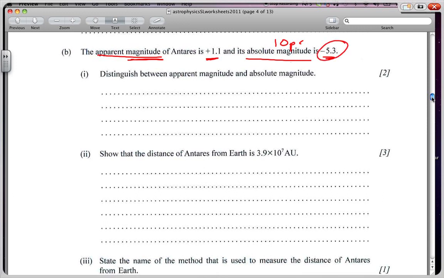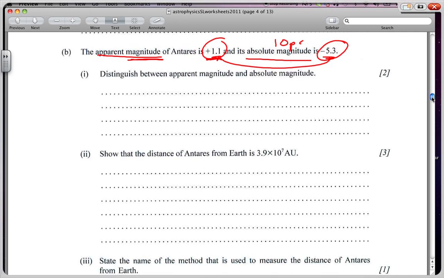It's actually further away, and so it's not so bright. Remember, the smaller the number, as it goes into negative, the brighter. This minus 5.3 is much brighter than the plus 1.1.